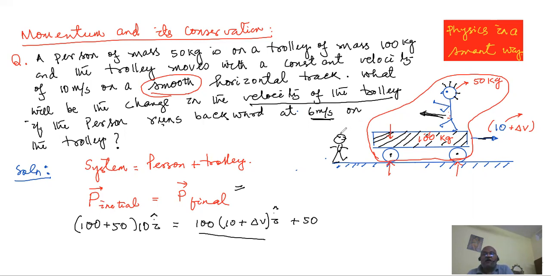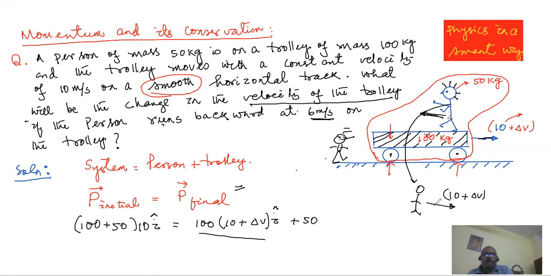Person's momentum as seen from this reference frame, by the observer who is writing all these things: the observer sees that the person is on the trolley, and because the trolley is going towards the right with a velocity of 10 plus delta V, the person automatically acquires that speed.